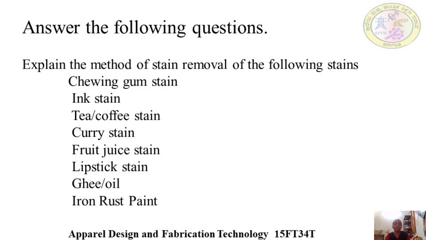For the selection of stain removers, you must know the fiber content of that particular fabric, and then select the solvents to remove those stains. Depending on the remover, you can use different methods depending on the stained area or stain spot.